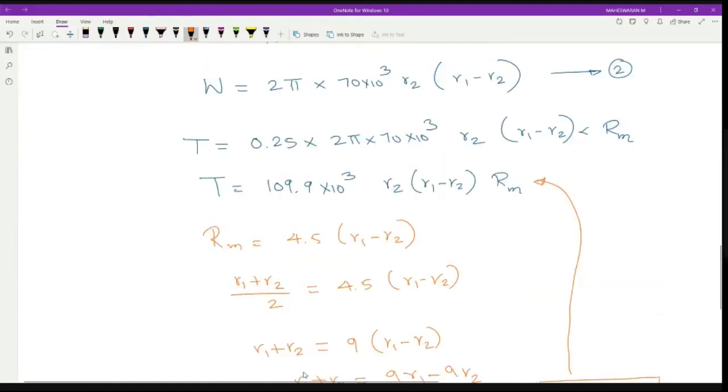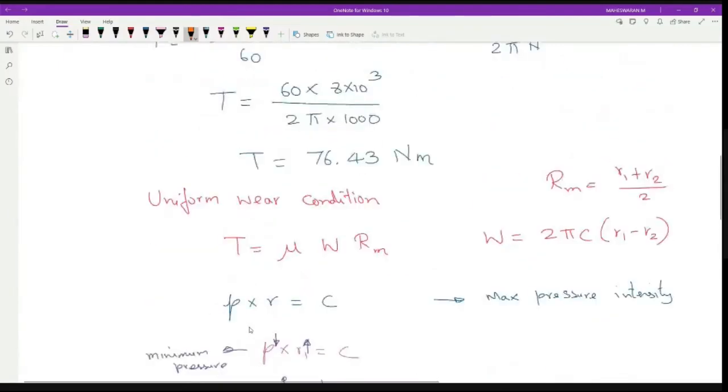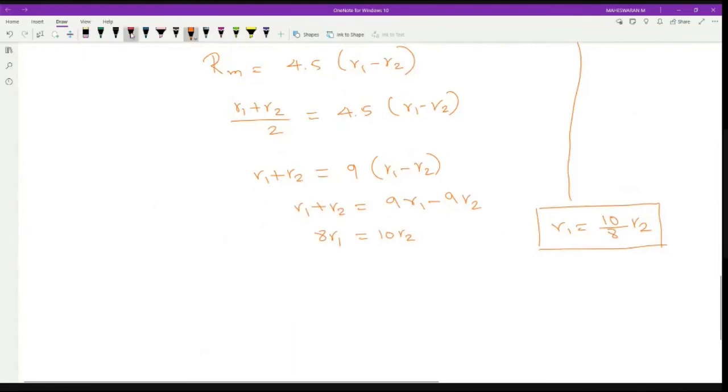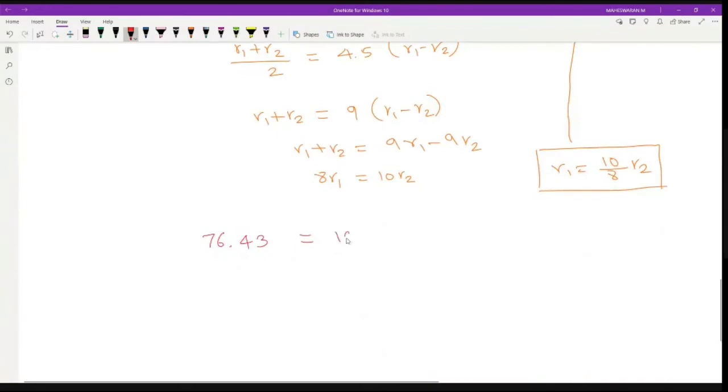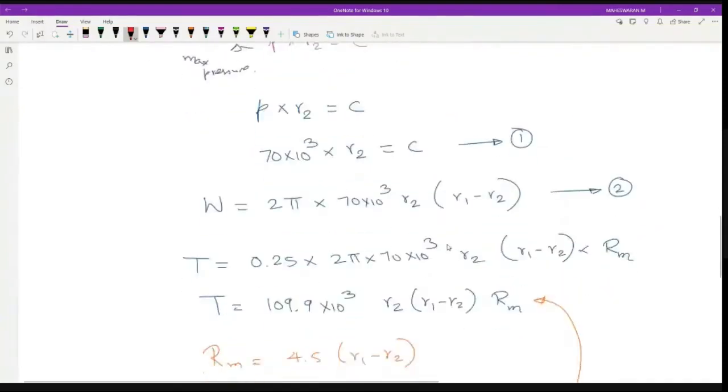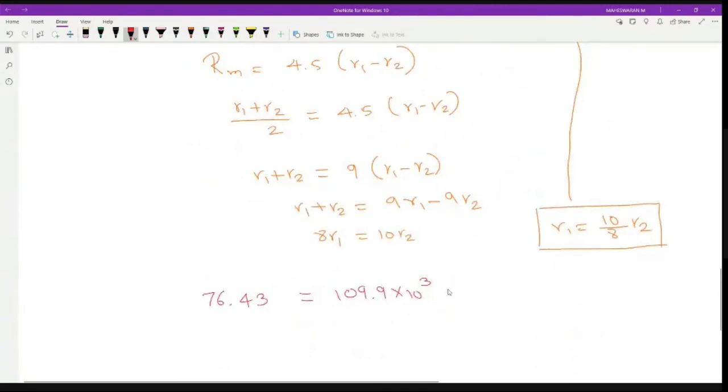We know the value of torque, which is identified: 76.43. So 76.43 is equal to 109.9 into 10 power 3 into R2 into R1 minus R2 into Rm. Rm I will write as R1 plus R2 by 2.